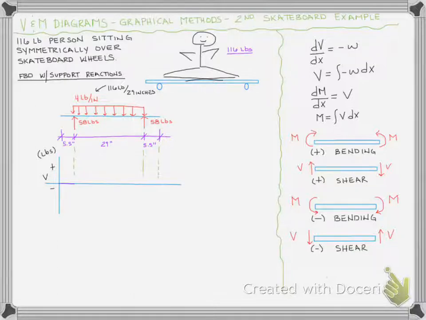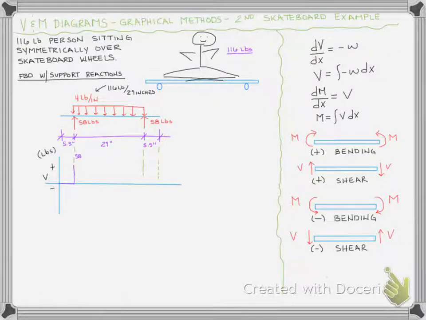If you're right where it starts, you are at 0 inches. So if you multiply your 4 pounds per inch times 0 inches, you really only have 0 load there. So exactly where that load starts, it doesn't affect the shear diagram, and we would jump up simply by the 58 pounds, and so we're going to have 58.